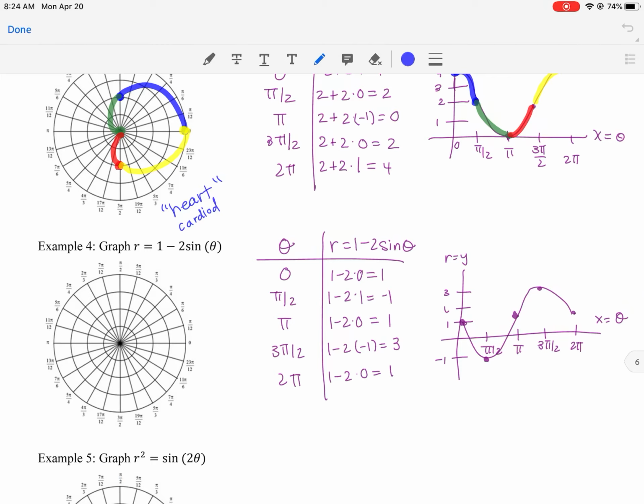So we're starting at a radius of 1 when theta is 0. And we're going to a radius of negative 1 at pi halves. So a radius of negative 1 at pi halves will actually bring me down here to the bottom. When you connect these, be a little careful. Notice how the first part of it is positive and then it is negative.